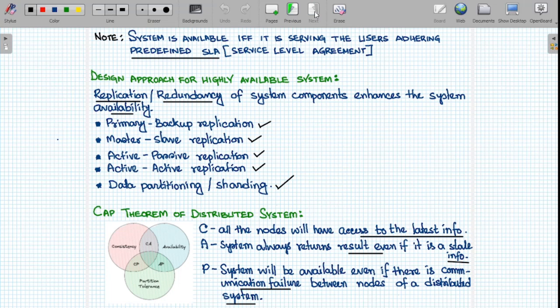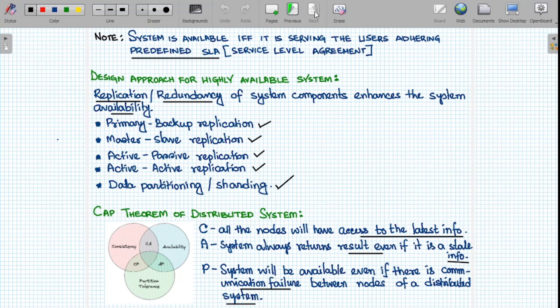In order to keep our system available, our system should serve the users adhering to the predefined SLA. We have seen how we can design a highly available system by replicating its critical components. We have also seen the CAP theorem, where among consistency, availability and partition tolerance, we can have any two.